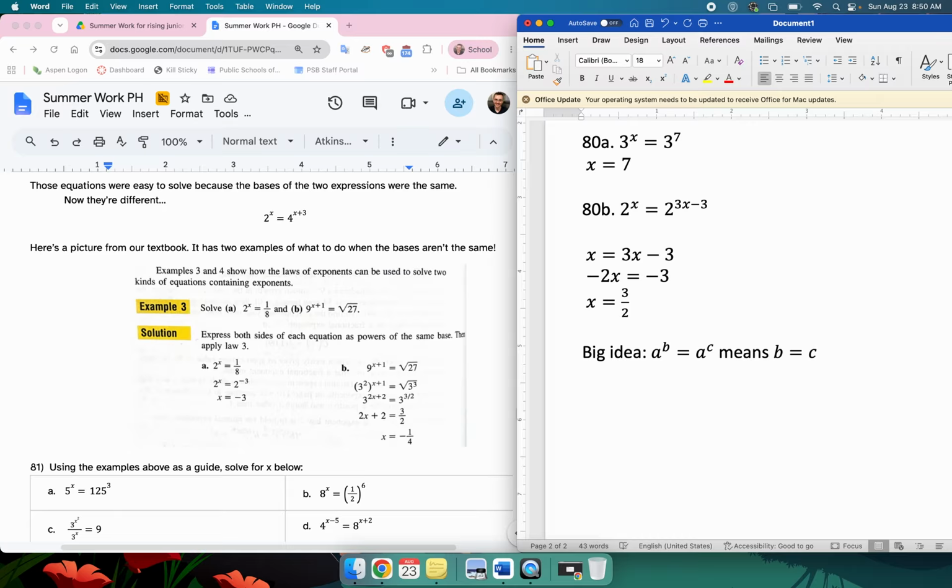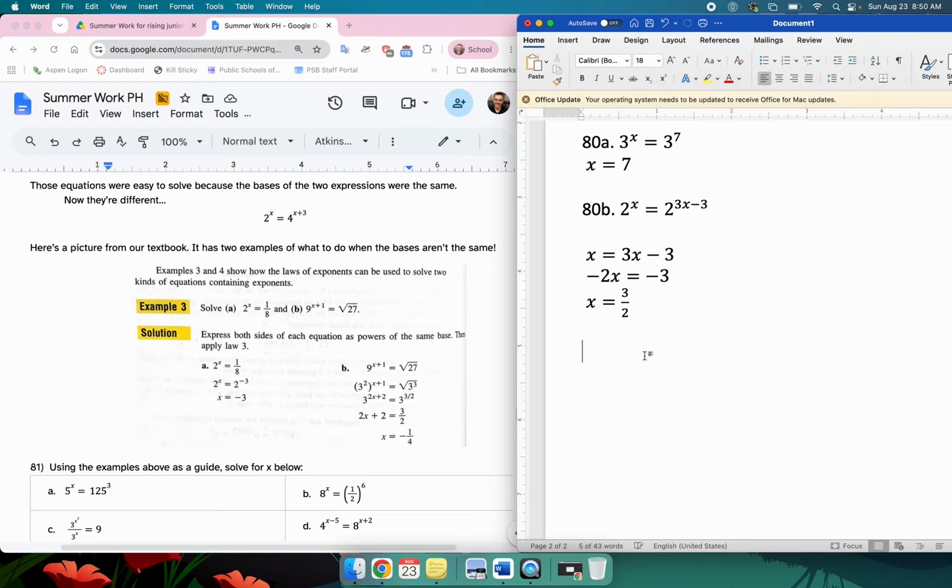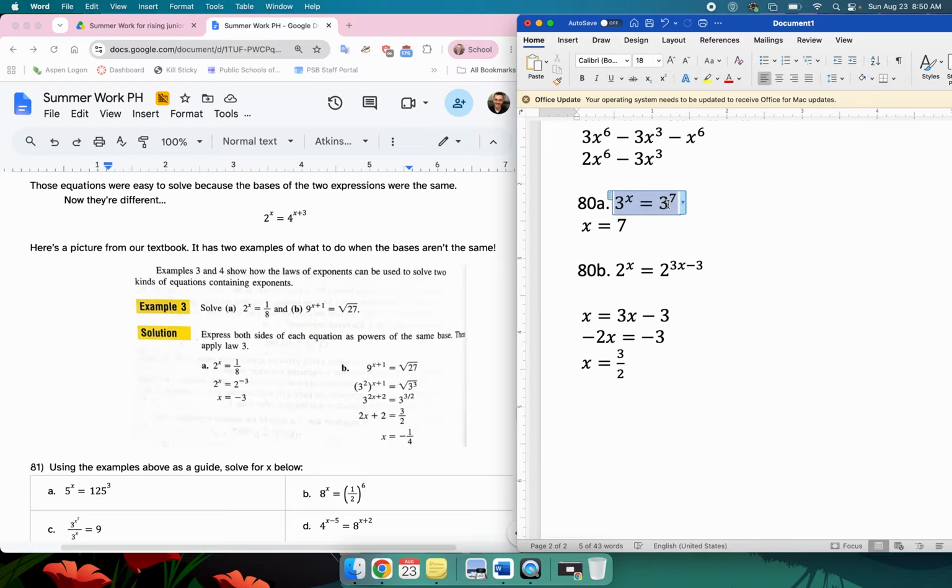The only way that can happen is if the exponents are the same. And you can use that idea to solve equations like this. That's what we just did here. Hey, look at this. The base is the same. 3 to the x equals 3 to the something else, right? So these two exponents have to match.